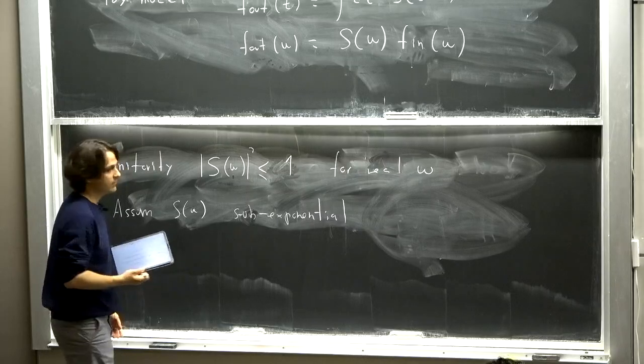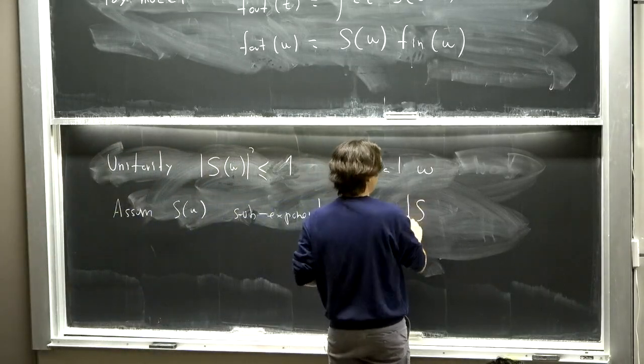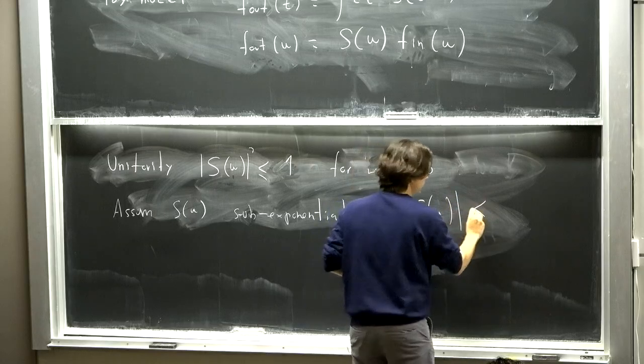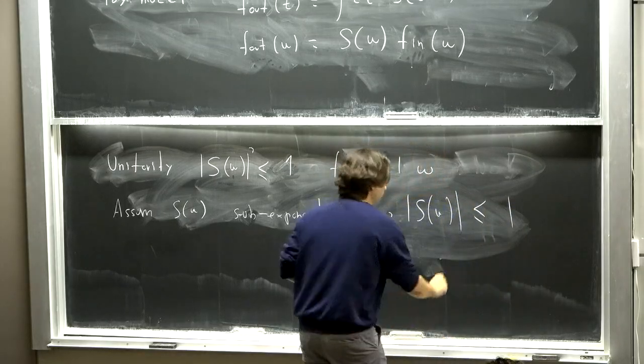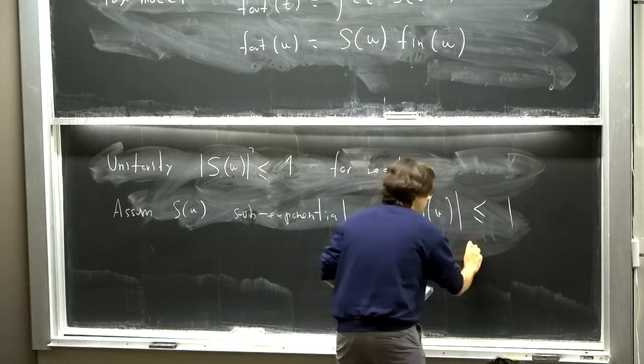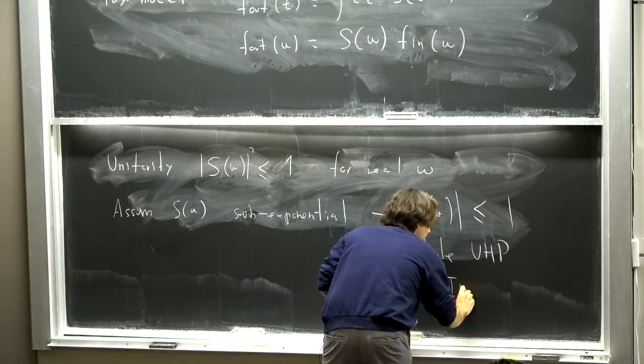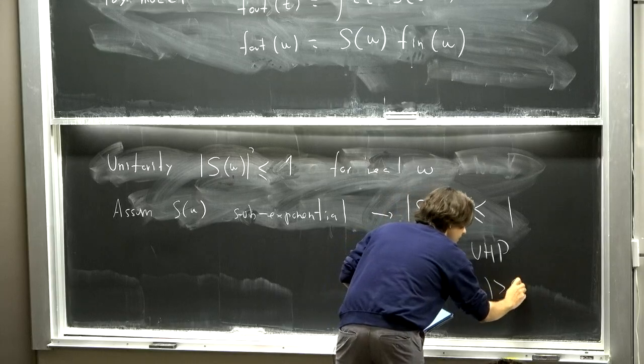So this thing is called the Phragmén-Lindelöf principle. The statement is that this is actually true in the whole upper half plane. So meaning if the imaginary part of omega is greater than or equal to 0.